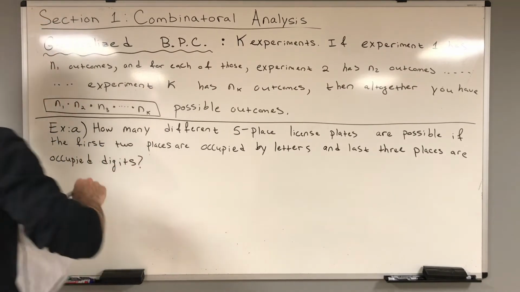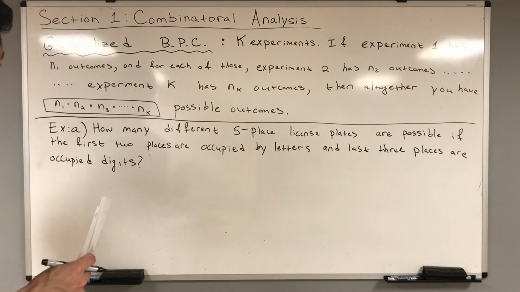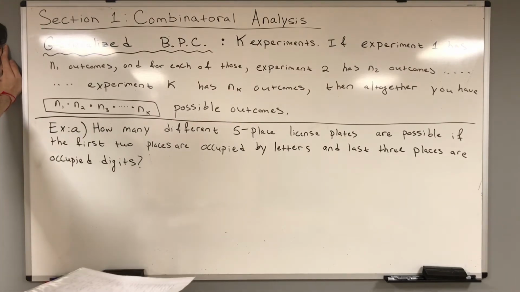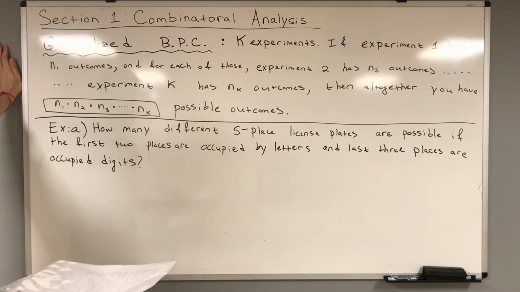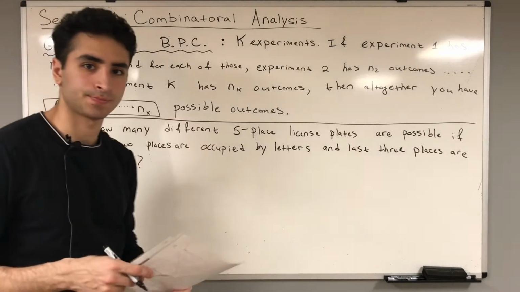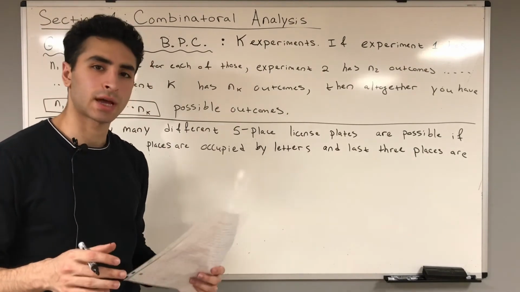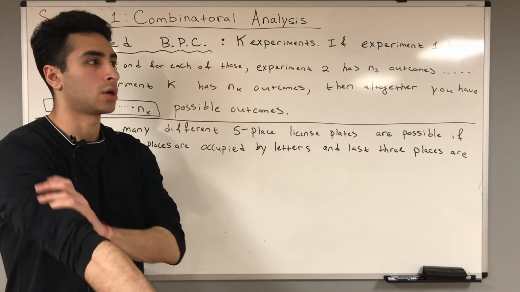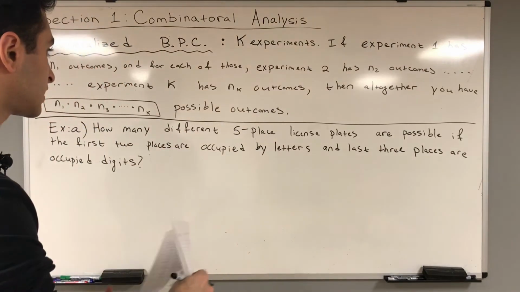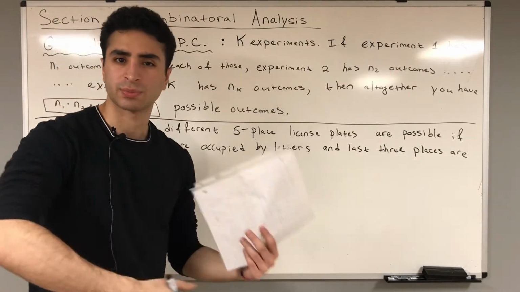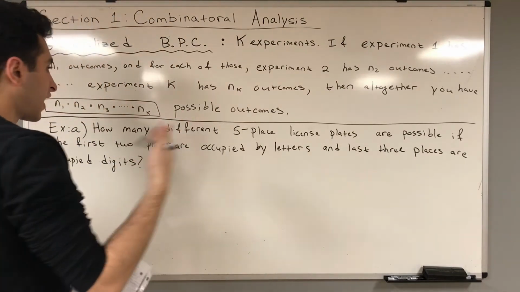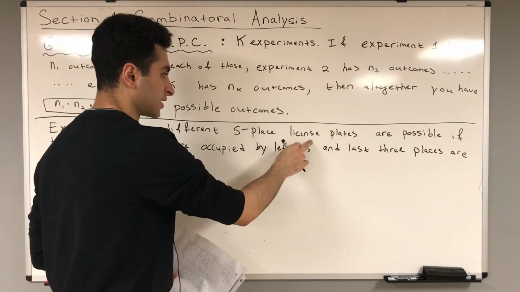For this example, we're going to refer to this example a lot. We're going to have a special technique of doing this, and it still follows the experiment idea, but in a little different way. So we have a 5-place license plate.